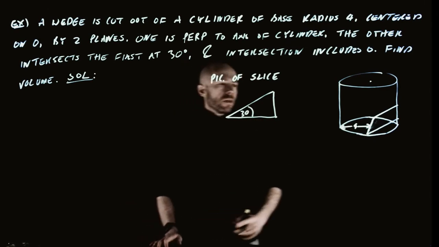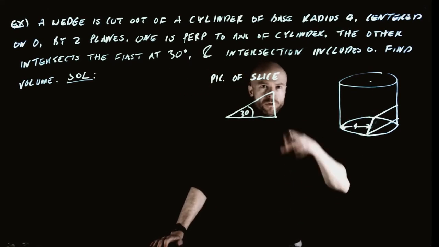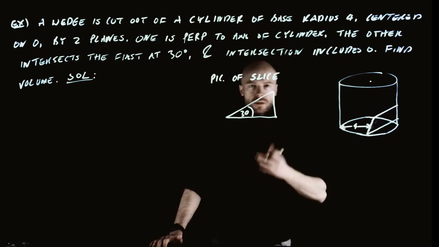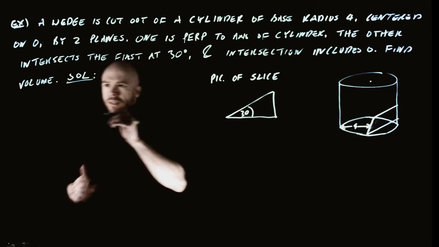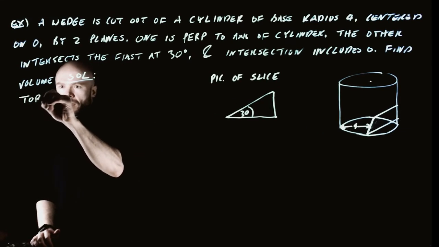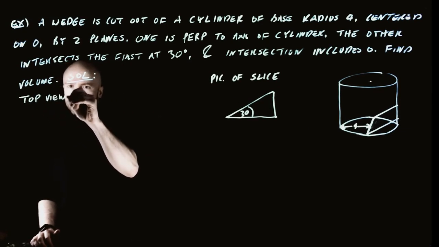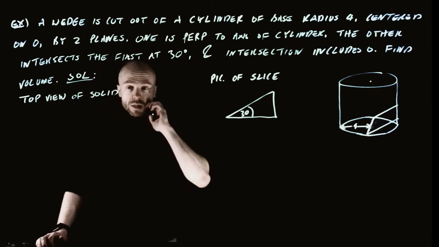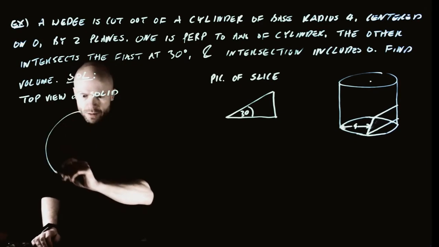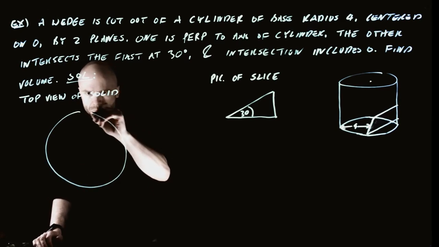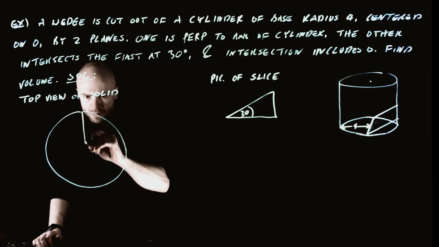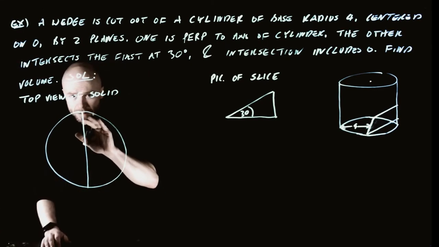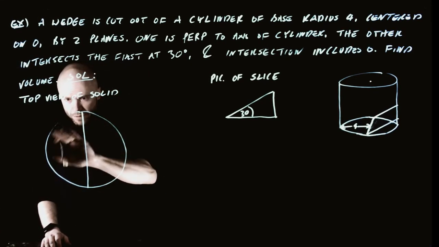And then we have to think what view of this thing is helpful for us to actually find the dimensions of this. Yeah? And what should come to you after a little bit is that the top view of the solid is the best thing, because if we take the top view, then we see a kind of circular shape like this. This stuff on this side is the stuff we're interested in, so we can actually get rid of this.